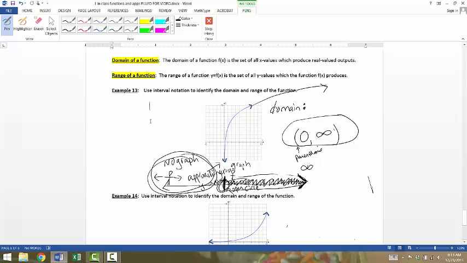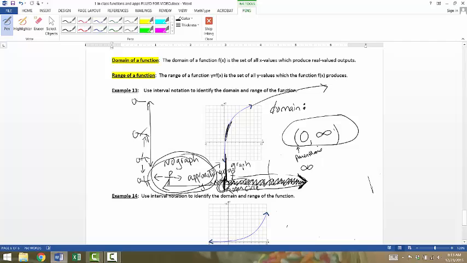Let's do the same thing with the range. Again, if you're doing the range, you draw a vertical line and you imagine yourself walking up and down on this vertical line and asking if the graph exists. So when you're way down here, you see the graph exists down here. When you're here, yep, there's graph right there.